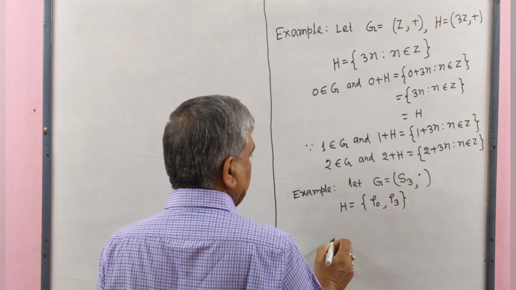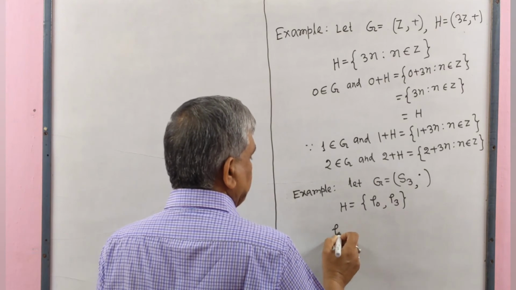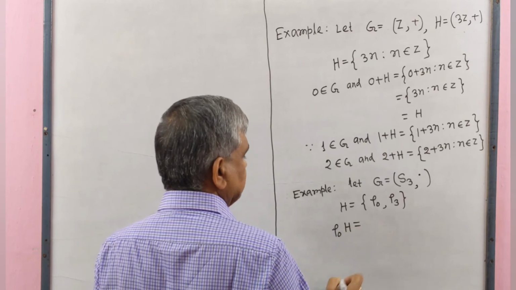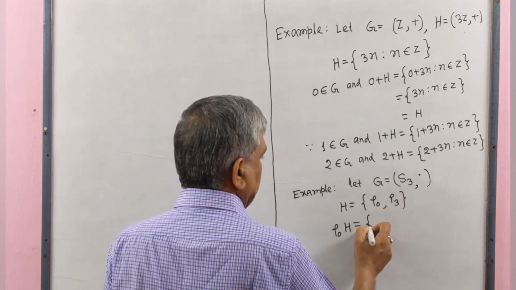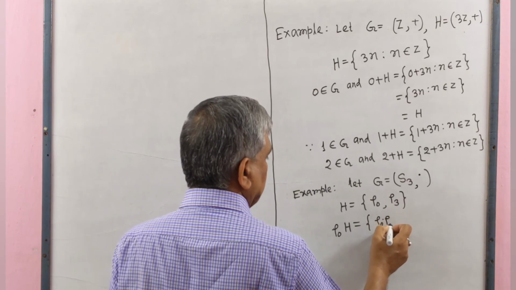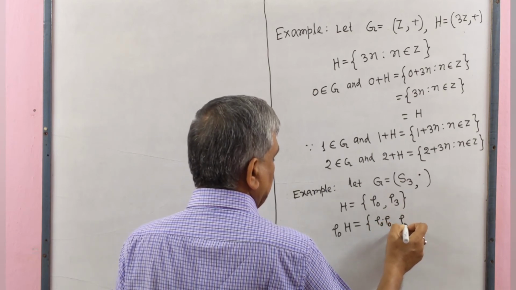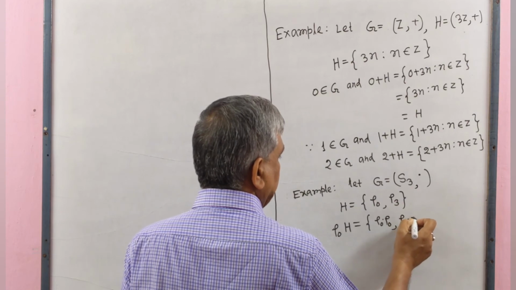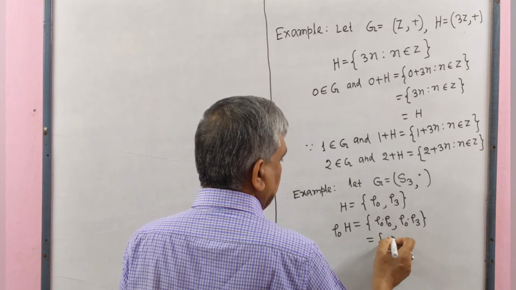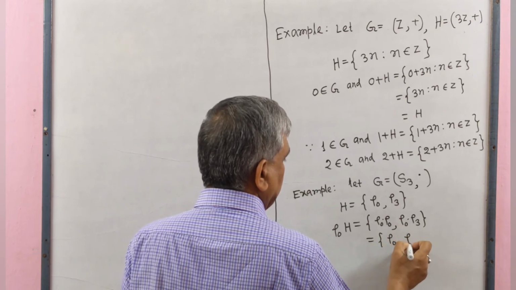Here rho 0 H equal to rho 0 operation rho 0, rho 0 operation rho 3. This is rho 0 rho 3.